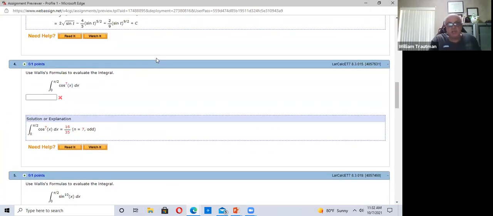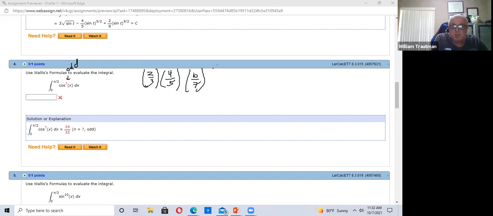All right, so I'm going to pull up my Wallis formula. If we're dealing with cosine and n is odd, we just start writing 2, 3, 4, 5, 6, 7.